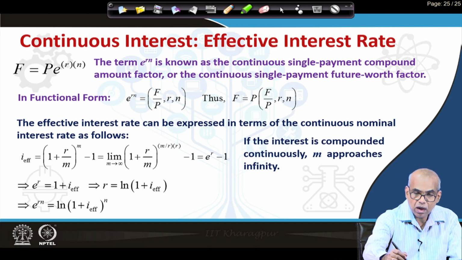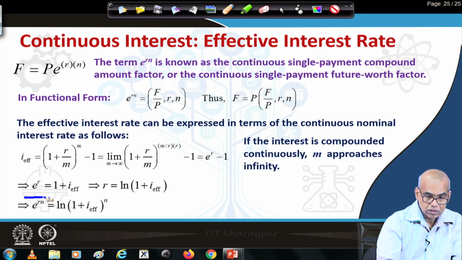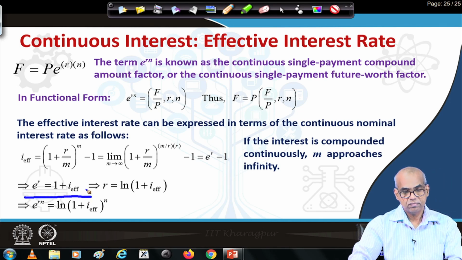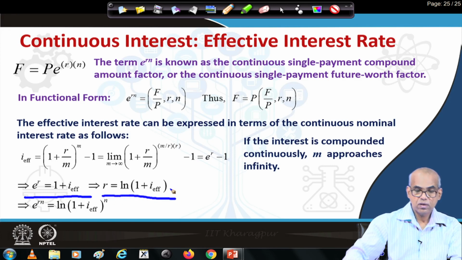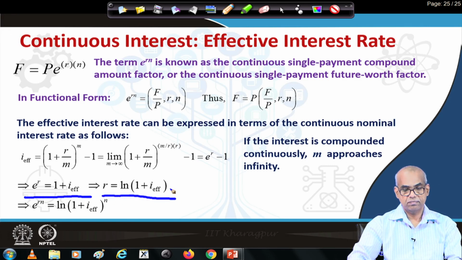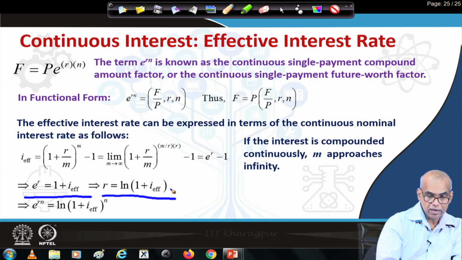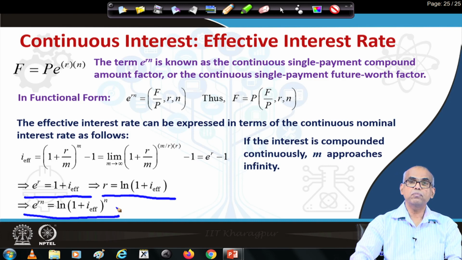So, e to the power r equal to 1 plus i effective, which can be written as r equal to ln of 1 plus i effective. So, e to the power rn is (1 plus i effective) to the power n.